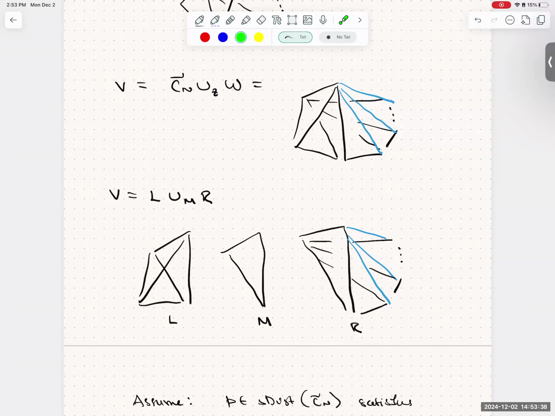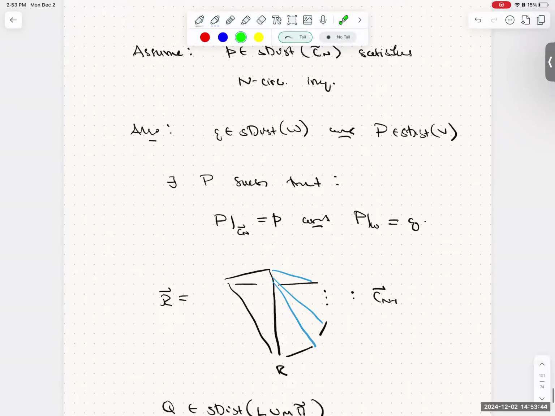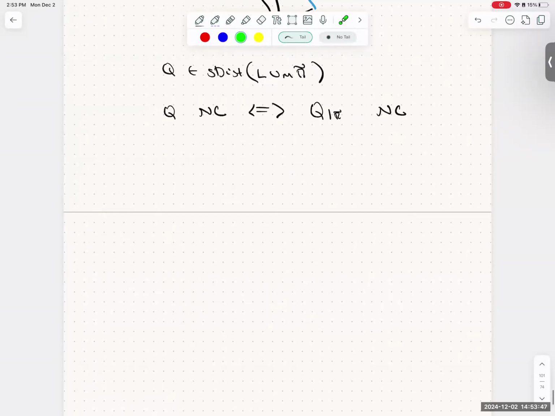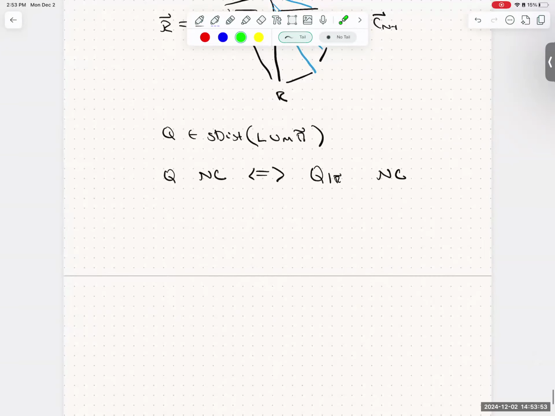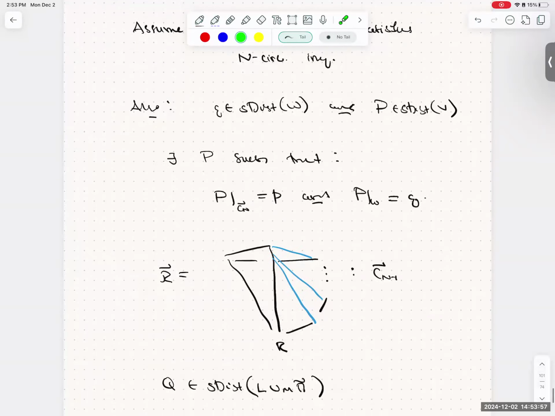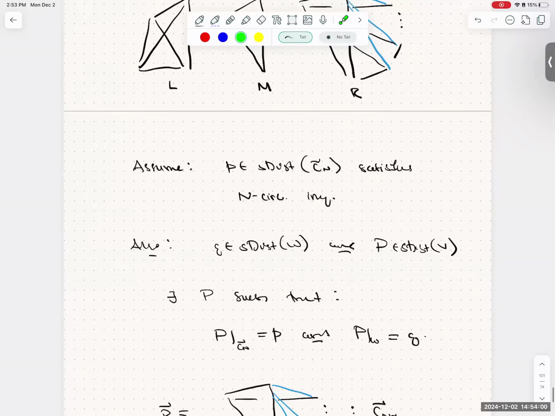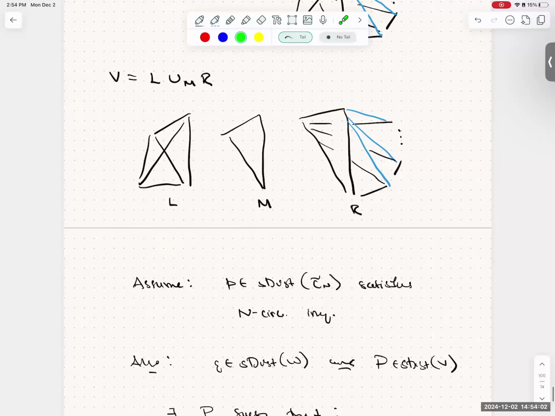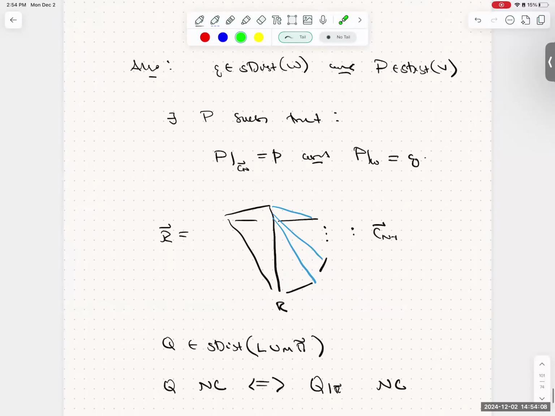Because of the gluing lemma, and because I know that this is already non-contextual, Q is non-contextual if and only if the restriction on the other side is non-contextual. Then you iterate this process, and solve it for the simplest case, where you end up reducing to another boundary of delta 3 on the other side, which is non-contextual, and that proves the result.